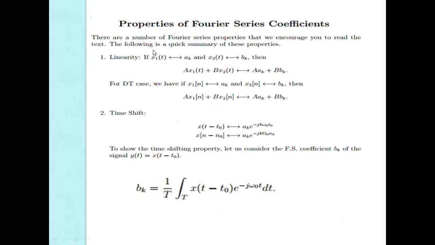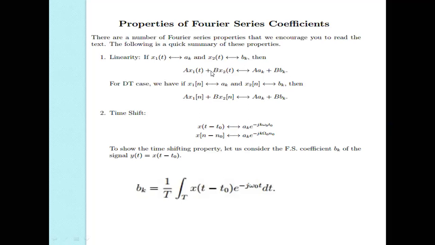In that, x1 of t and x2 of t are the two signals. x1 of t has Fourier coefficient a of k and x2 of t has Fourier coefficient b of k. Then that is a Fourier coefficient, my dear students. So these two signals, after applying the Fourier series, give a of k and b of k.